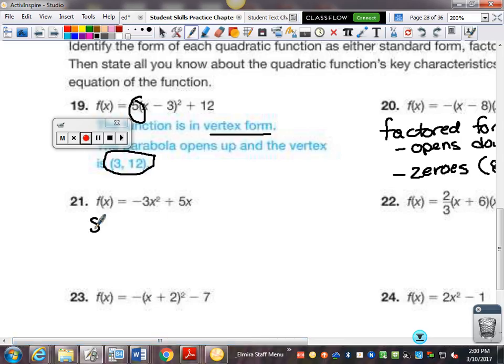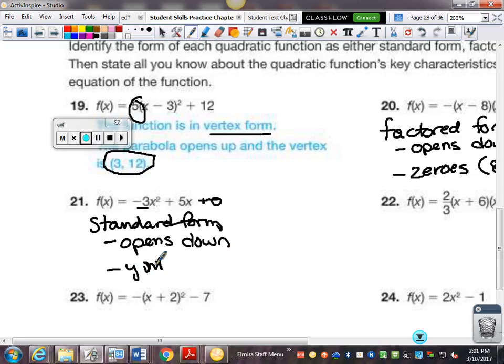Number 21 is standard form. Now, there's ax squared plus bx, and there's an imaginary +0 for my c. The c is kind of important because that's the y-intercept. So what do I know? I know that it opens down because of the -3 leading coefficient, and I know my y-intercept is (0, 0) because my c is 0.